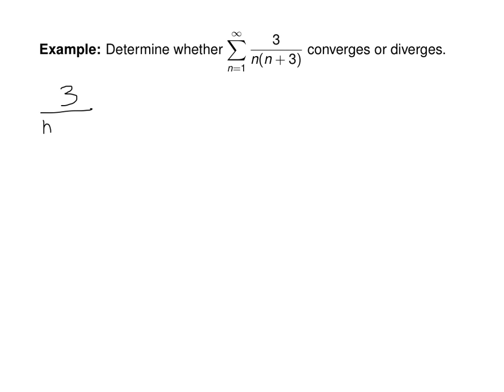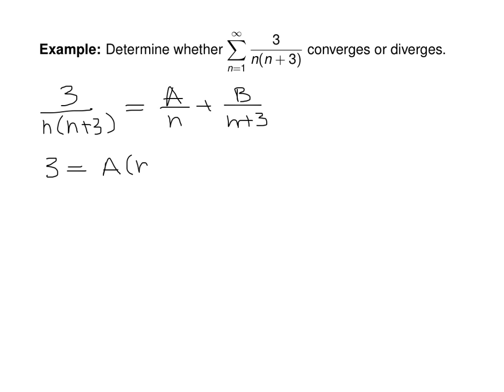3 over n times n plus 3 will equal some a over n plus some b over n plus 3. Then multiply both sides by n times n plus 3, and we'll have 3 equals a times n plus 3 plus b n.